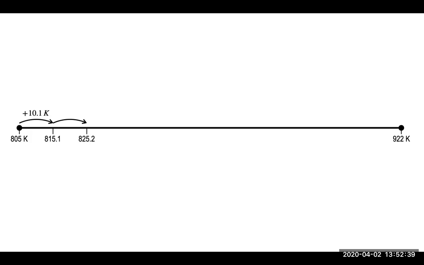All right, now let's do some for substance R. Now this one dips to the left, and it cools off by 18.1 Kelvin. Wait a minute, let me look at this. Okay.